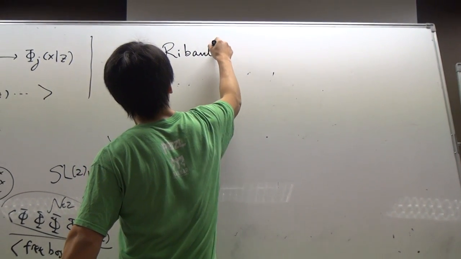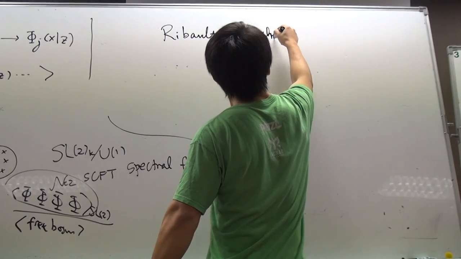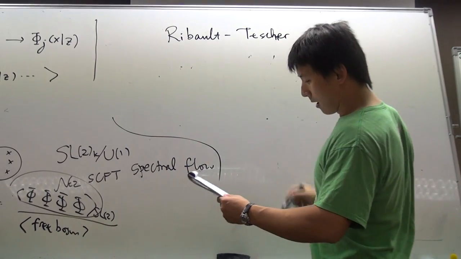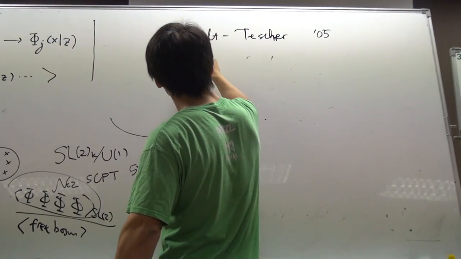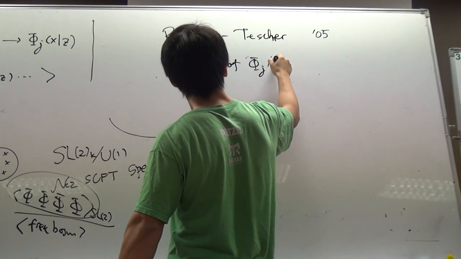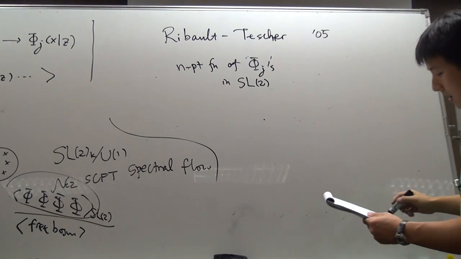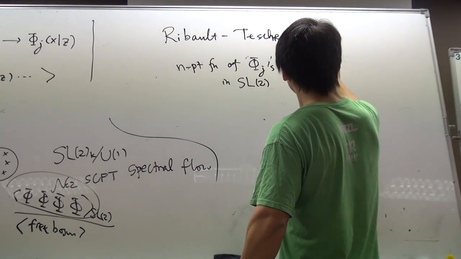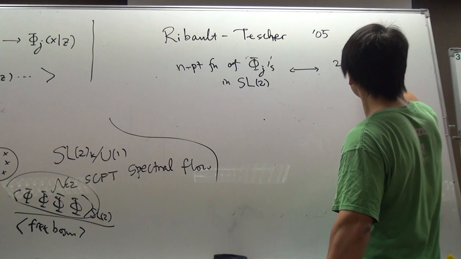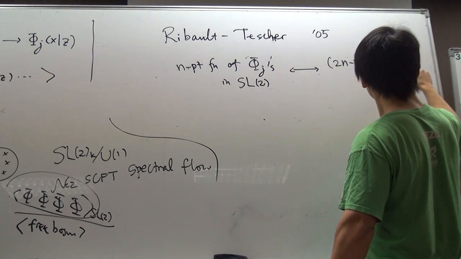Ribot and Teschner, I think this is Teschner, 2005, show that the endpoint function of the phi j's in the SL2 W0 model are related to 2n minus 2 point function in Liouville theory.